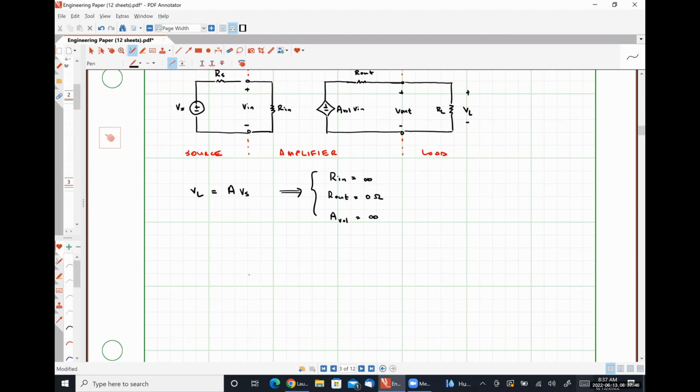So here's my infinity ohm resistor representing my input resistance, voltage V plus, voltage V minus. Here's my voltage VD.